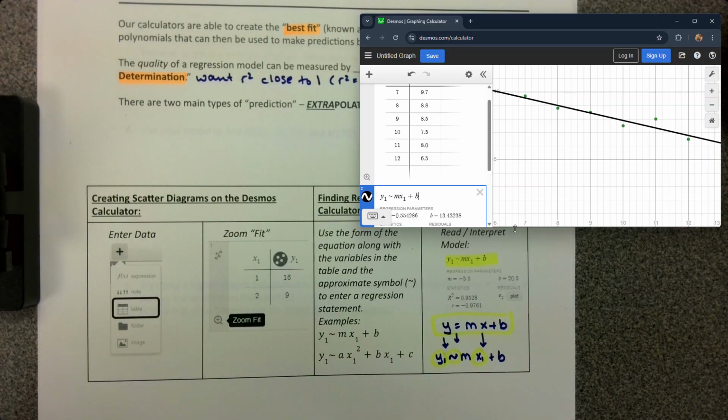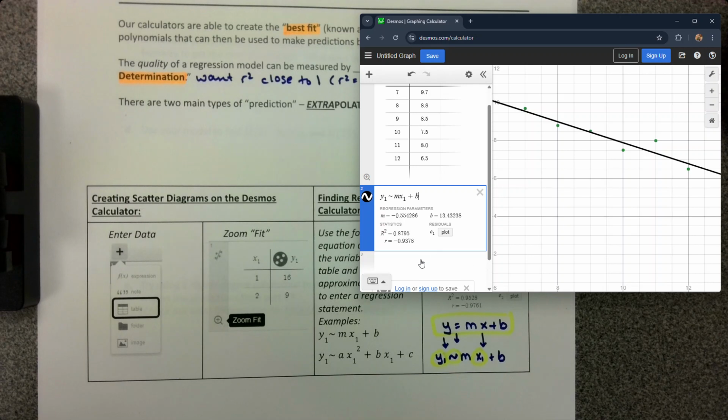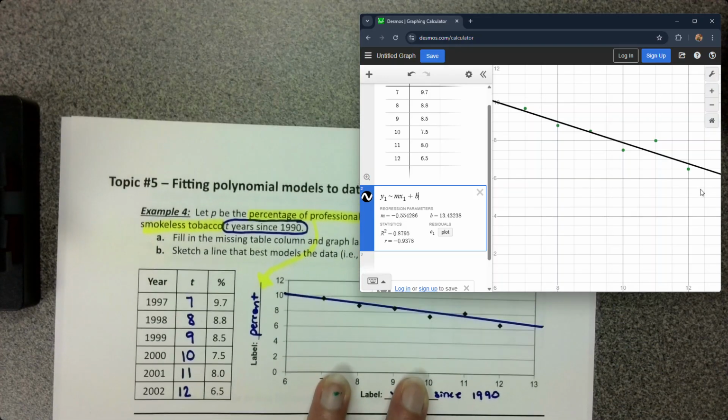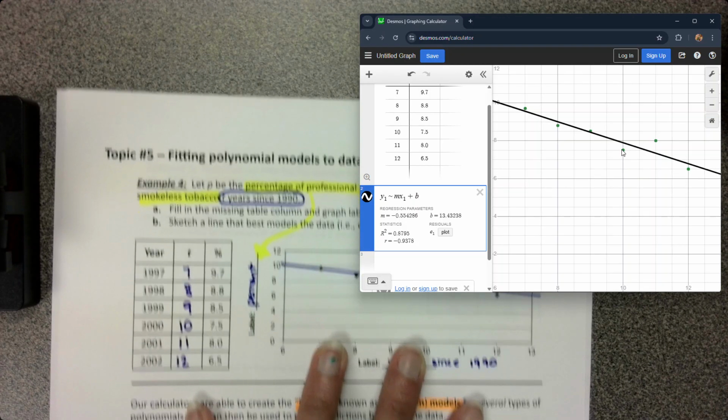Okay, so this is my equation. It seems to fit similarly to the line I was able to rough out and draw by hand. It's pretty close to all the points at the top. We notice there's just some more variation here, and it fits the middle, which is what it's supposed to do.